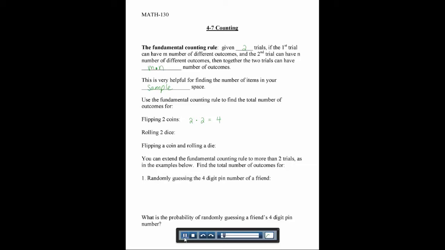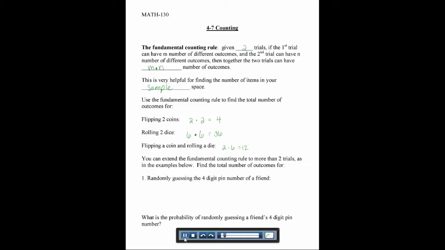Rolling 2 dice, for the first die, just a normal die, we've got 6, and for the second one, again, we've got 6. So that's a total of 36. Flipping a coin and rolling a die, flipping a coin we'd have 2 outcomes, either heads or tails, and rolling a die, we'd have 6. So that gives us a total of 12.